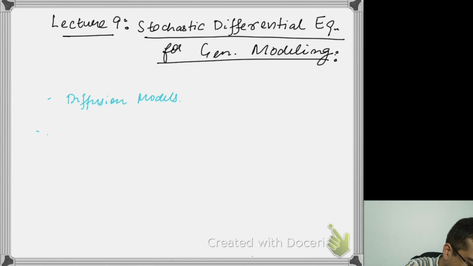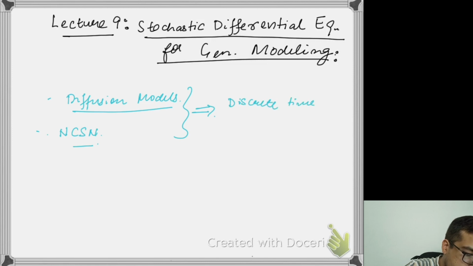So we have seen diffusion models, we have seen noisy conditional score networks, right? Both of these are based on discrete time steps for sampling from the data distribution.